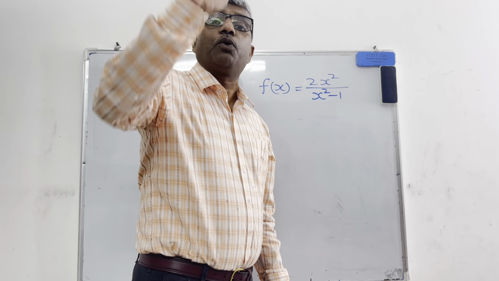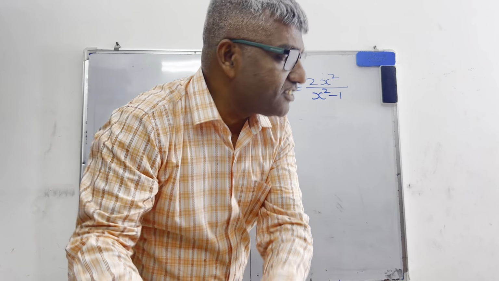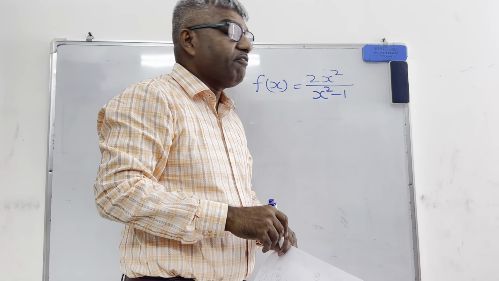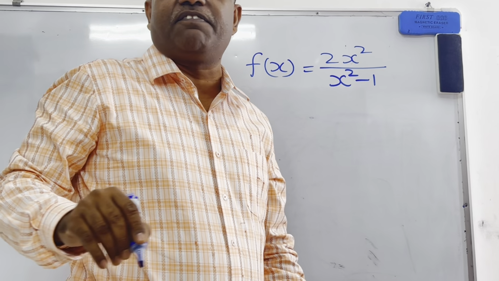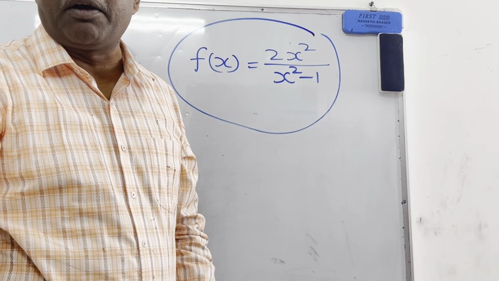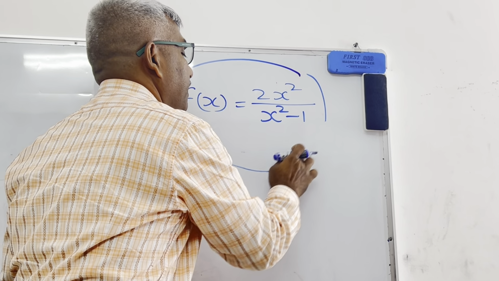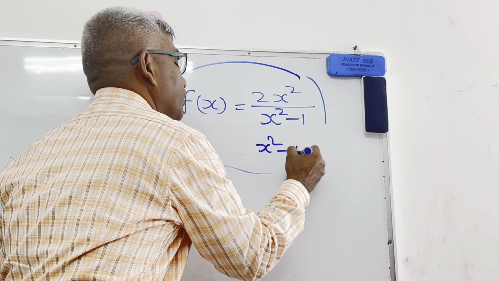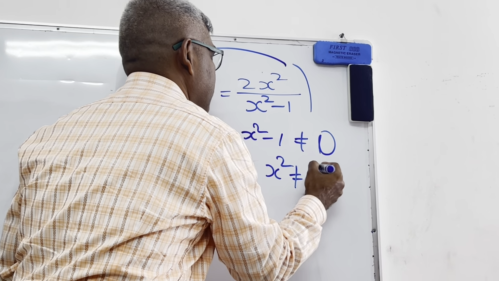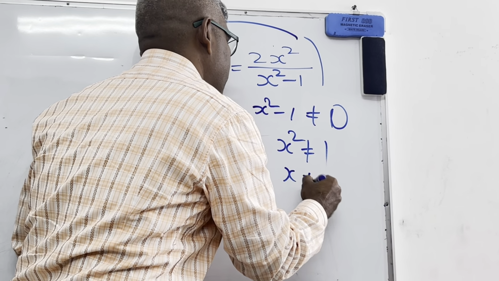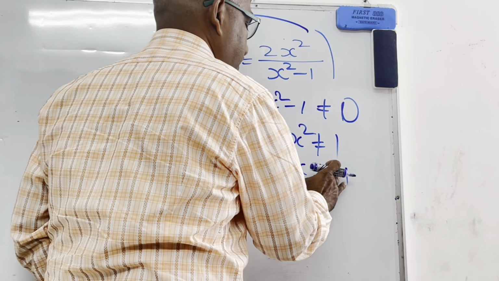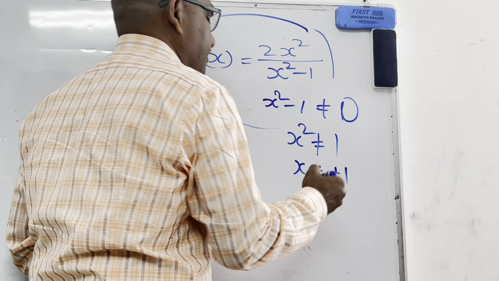First step, what is domain? This is a rational function. Denominator should not be 0. If the denominator is 0, the function is not valid. So x is all real numbers, but the denominator should not be 0, meaning x squared minus 1 not equal to 0, meaning x squared not equal to 1, x not equal to plus or minus 1.